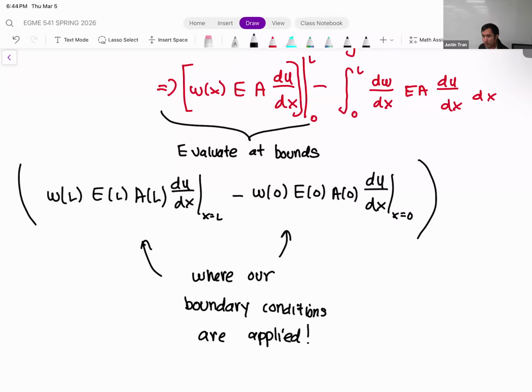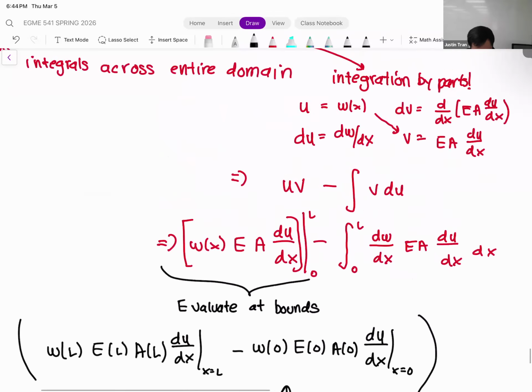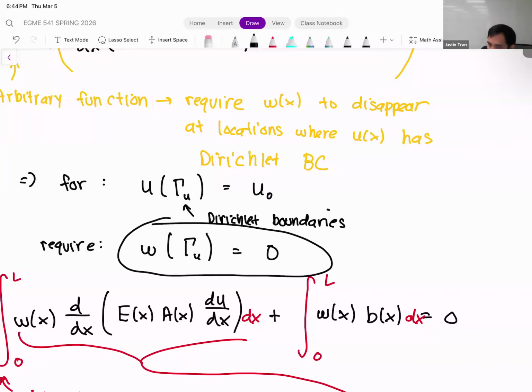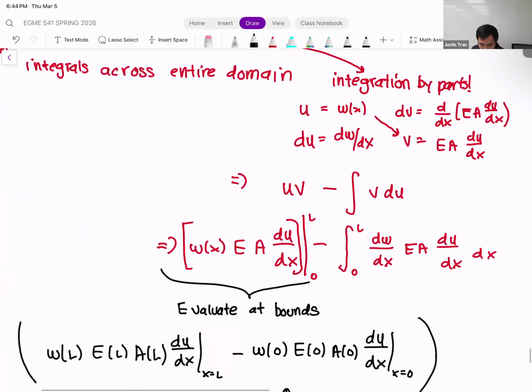And so essentially what we got here is terms where our boundary conditions are applied. If you look back at one of the requirements we have, our W has a special property: wherever we evaluate it at the Dirichlet boundaries, it has to equal 0.